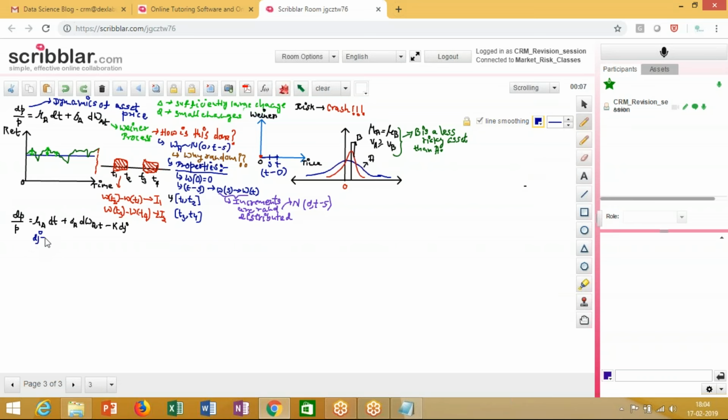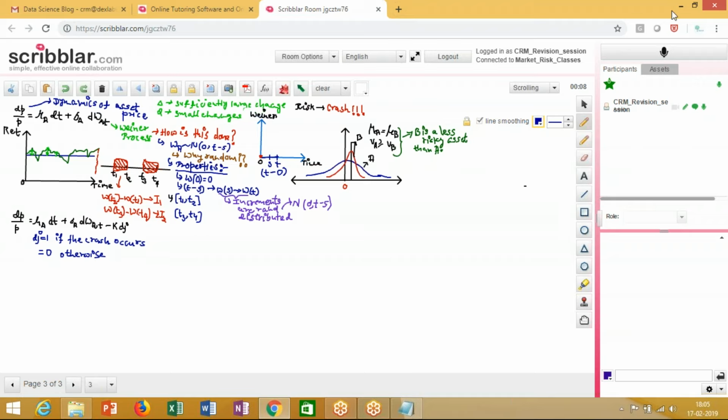So dJ is equal to 1 if the crash occurs, and is equal to 0 otherwise.